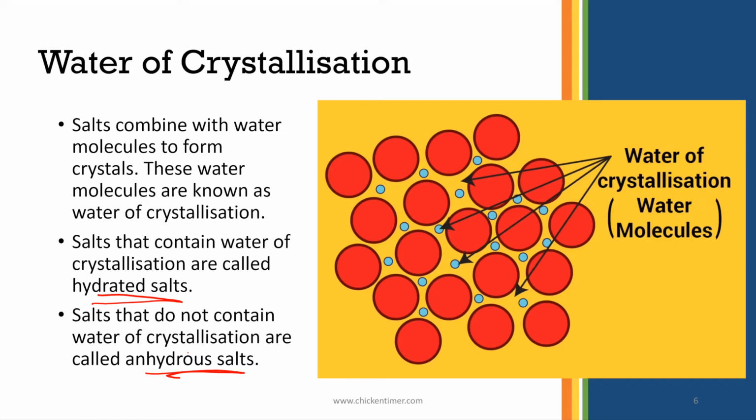When your salt ions combine with water molecules, these water molecules are called water of crystallization. When you have water of crystallization amongst the salt ions, you get a hydrated salt. If you don't, then it's anhydrous.